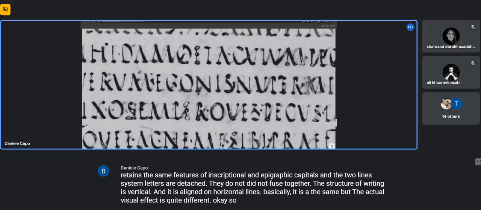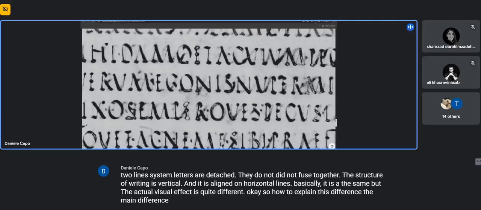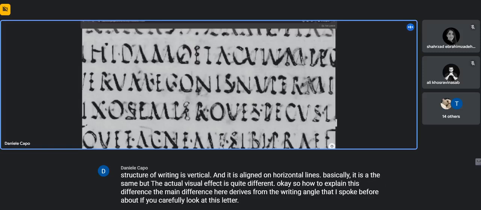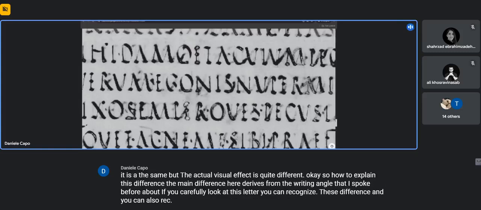So how to explain this difference? The main difference here derives from the writing angle that I spoke about before. If you carefully look at this letter, you can recognize this difference, and you can also recognize the actual writing angle for this writing.